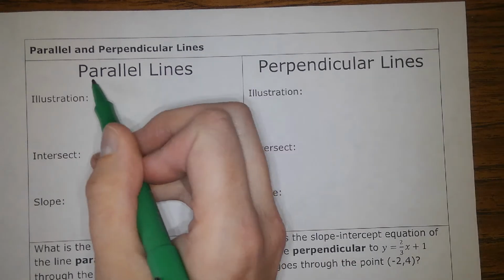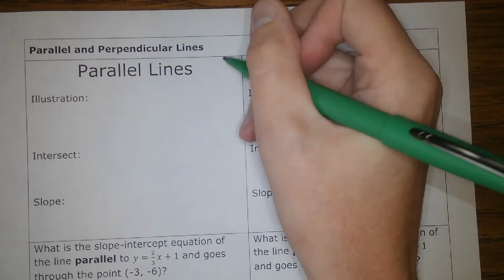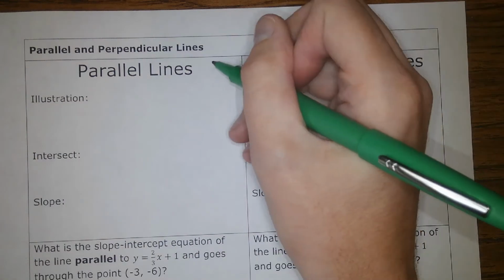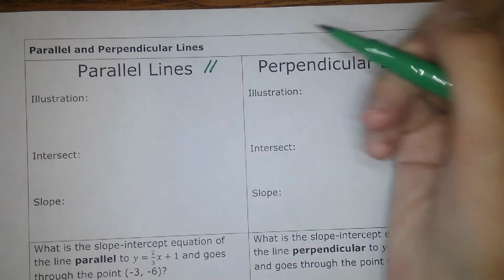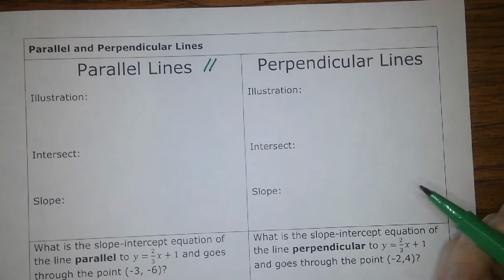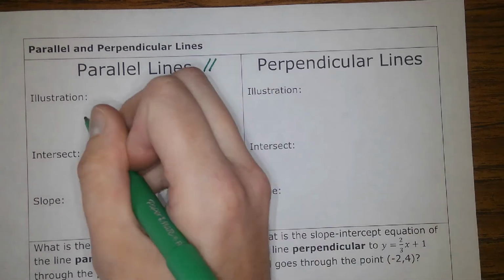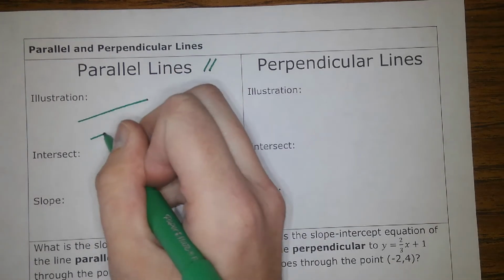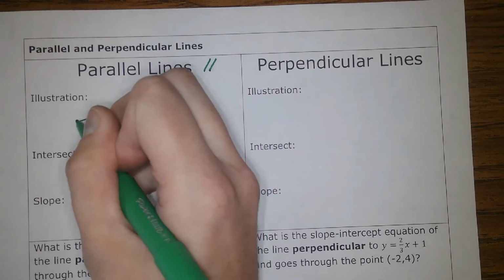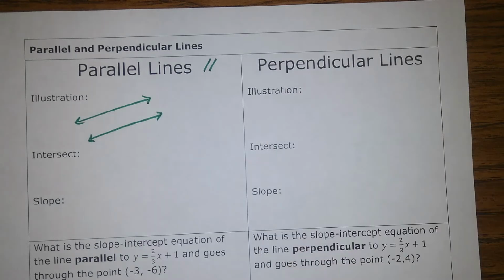So with parallel lines, a symbol that represents parallel lines when you write it is kind of two little lines like that, little slashes, all right? And the reason why is because parallel lines, if we draw a picture of them, are two lines that never intersect.